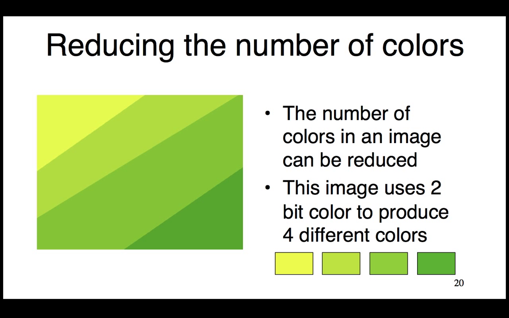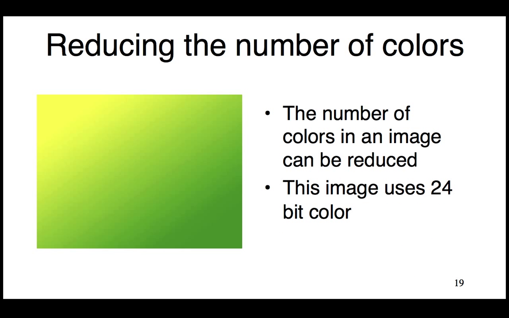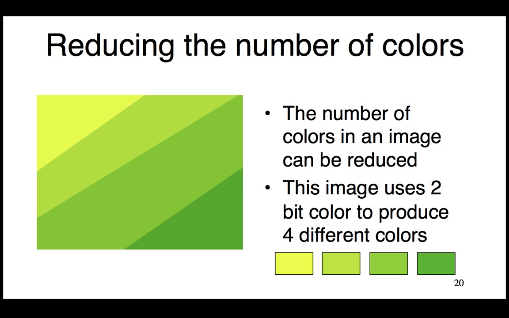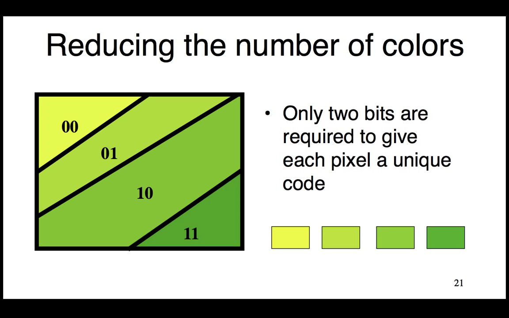Are you going to go with yellow, green, light green or dark green? And that's it. And so the subtle gradient that we had there is now completely gone. And it's just boom, boom, boom, boom, 1, 2, 3, or 4. But with just 4 colors, we need only 2 bits per pixel.